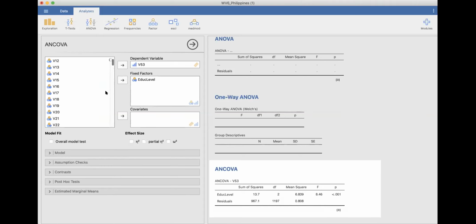Age is variable number 242, thank you. So let's do age as a covariate.